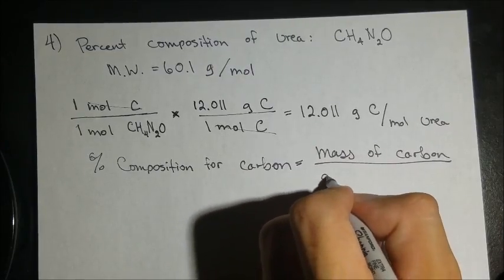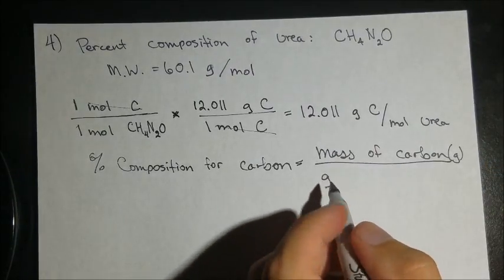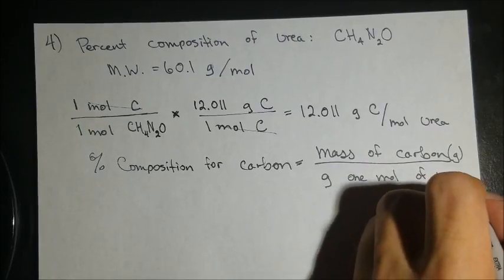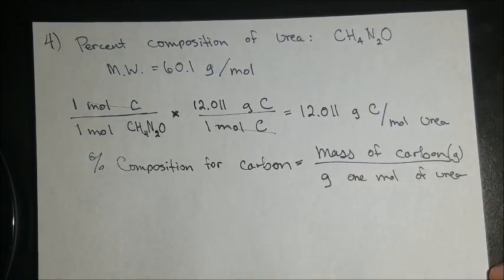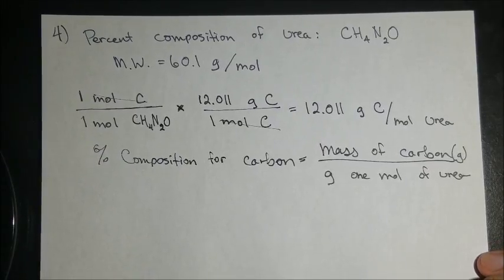So I'll go ahead and make this in grams too. So grams of 1 mole of urea. That's all we're saying. How much of the mass of urea is made up of carbon?